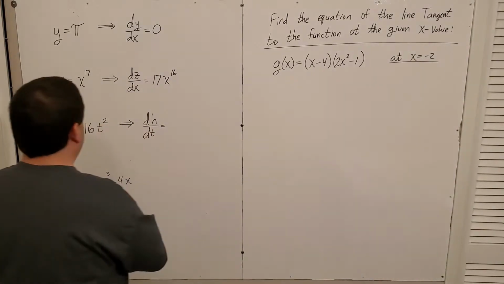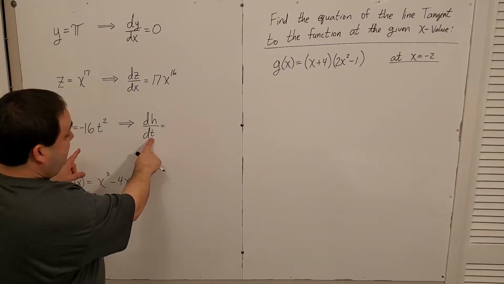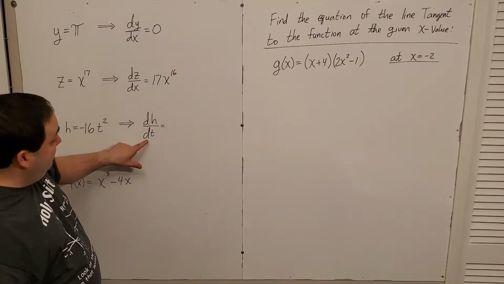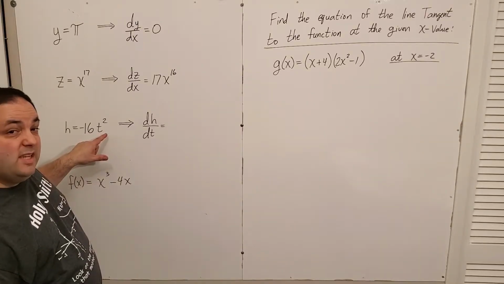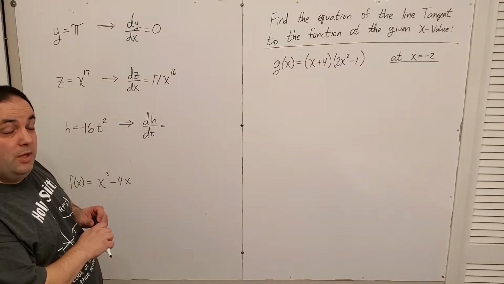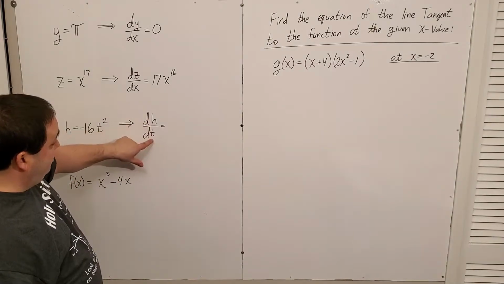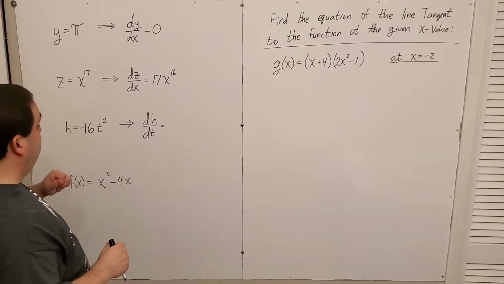So in this case, be careful now, it says dt in the bottom, and t is the variable I'm taking the derivative of. If this said dx, then the derivative of this would be 0, because t doesn't depend on x in this case. But look, it says dh dt, and t is our actual variable. So we're good to do the derivative.